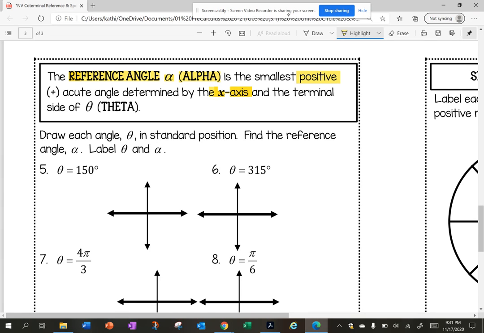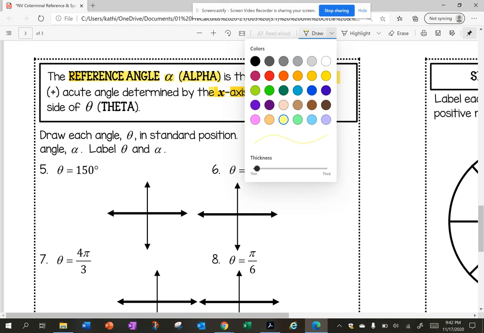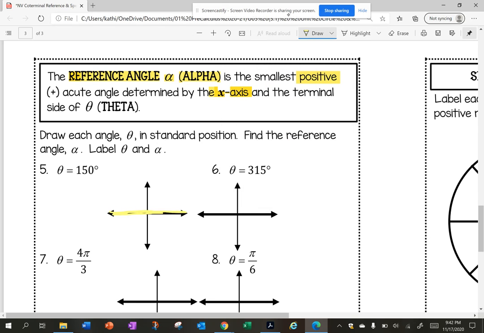Okay, so we have a couple of examples. We really want to focus on this x-axis.